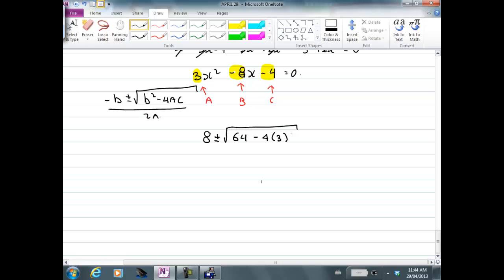See, all I'm going to do is I'm just plugging in the formula. Oh, my pen is dying. All over 6. This becomes 8 plus or minus the square root of 112 over 6.